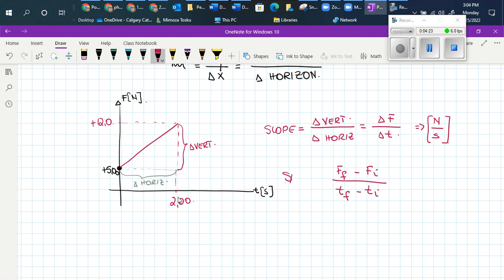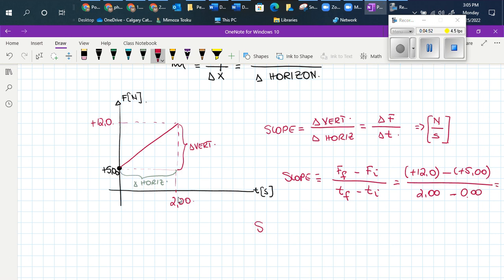So again, the slope here: force final is +12 minus, from the formula, +5, over t final, that is 2, minus 0, that is t initial.